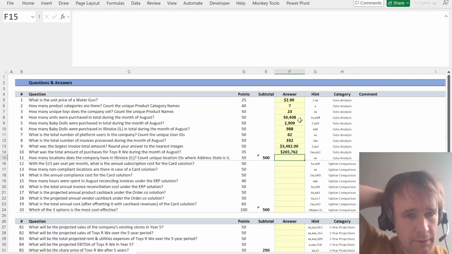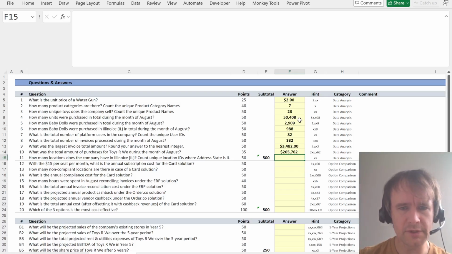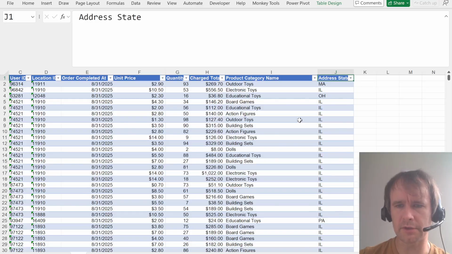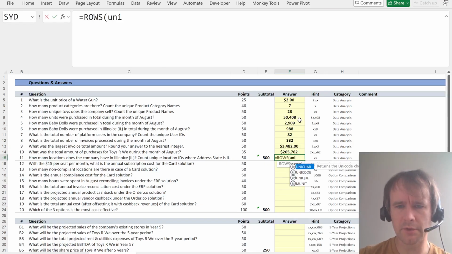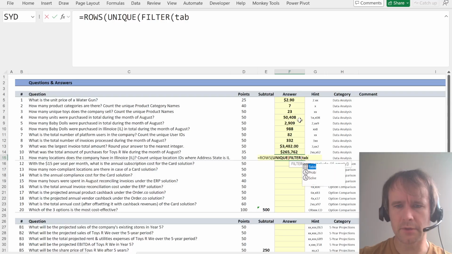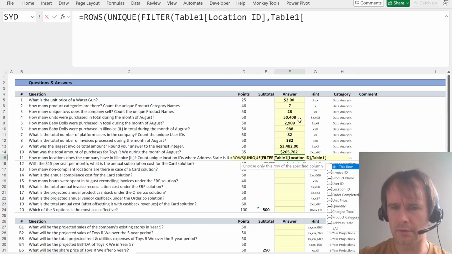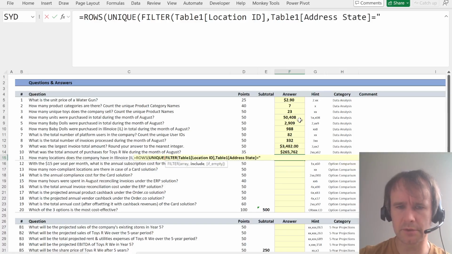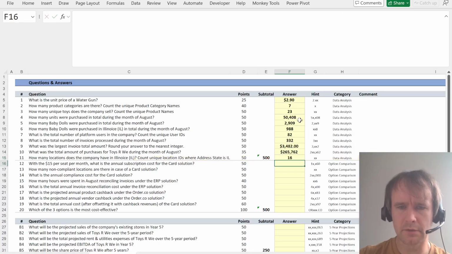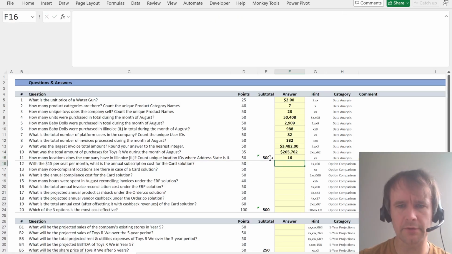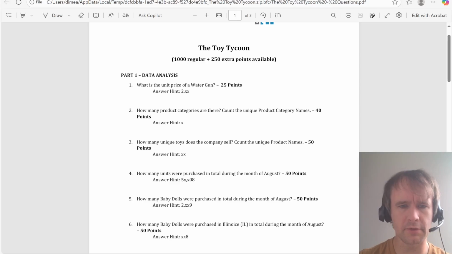How many locations does the company have in Illinois? Okay. Location ID, gotcha. Equals rows of unique of filter of table 1 location ID, where table 1, what's it called, address state equals IL. Okay, so now I need to understand something, but let's go put these in.